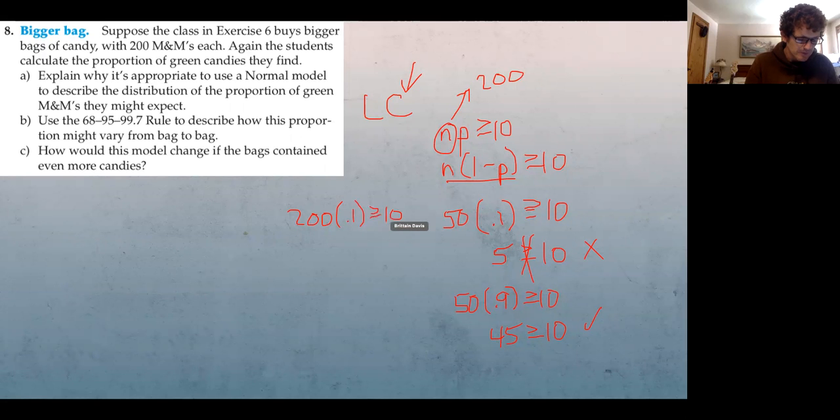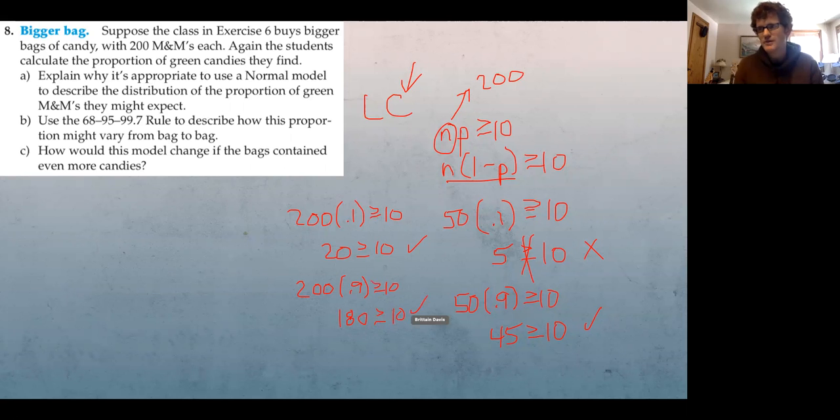So 200 times 0.1 is 20, so we're good on that. And if I check the other one, 200 times 0.9 is 180, greater than or equal to 10. Really, it's just the smaller percent that needs to be checked, but just for completeness, you'd want to do both. So we can see that we meet the conditions. We have at least 10 successes and at least 10 failures.